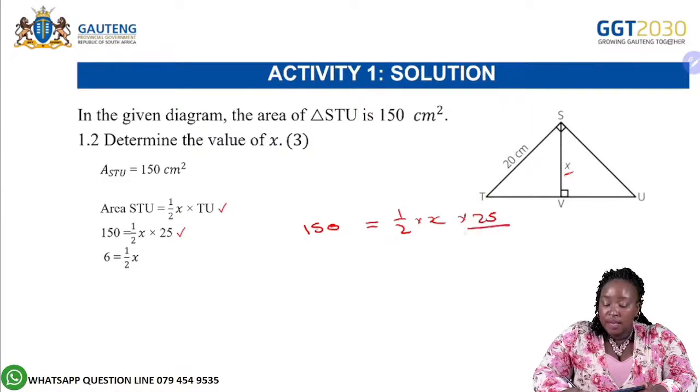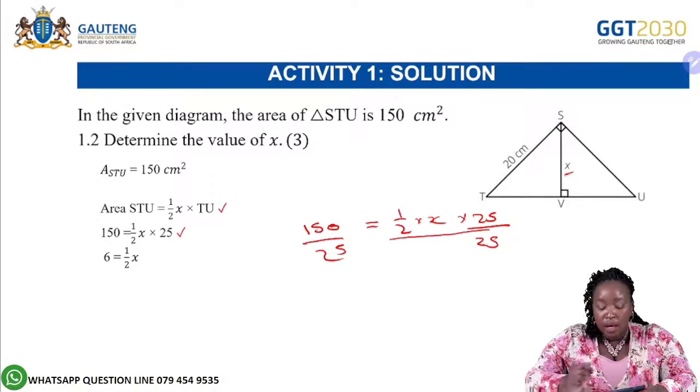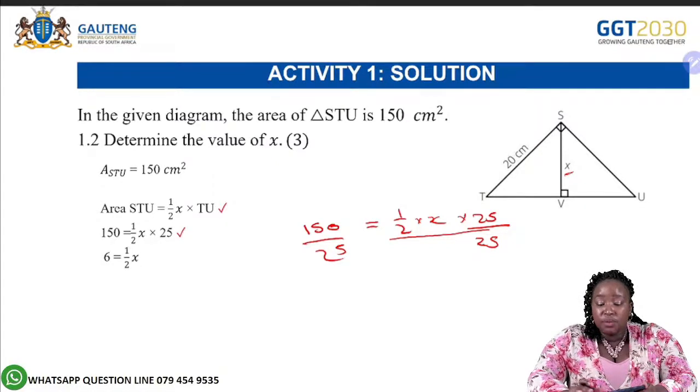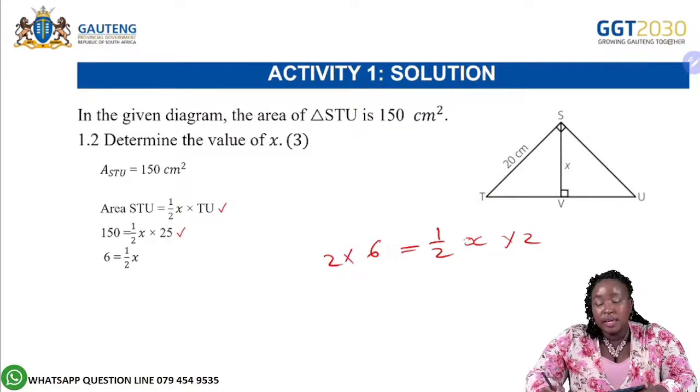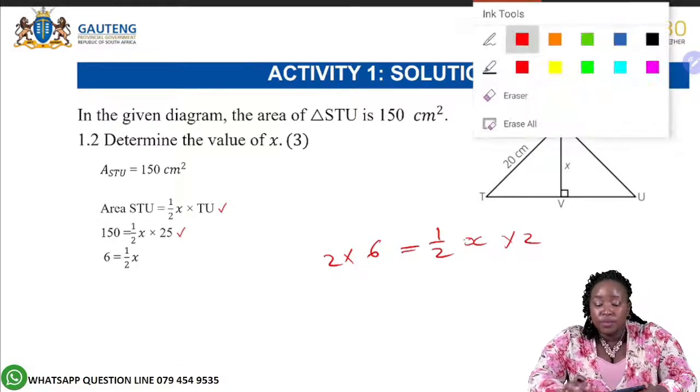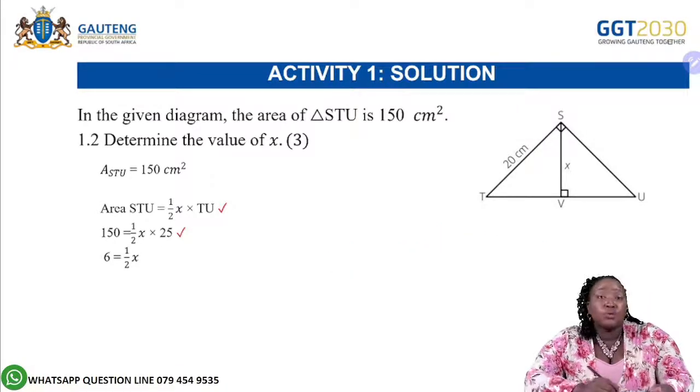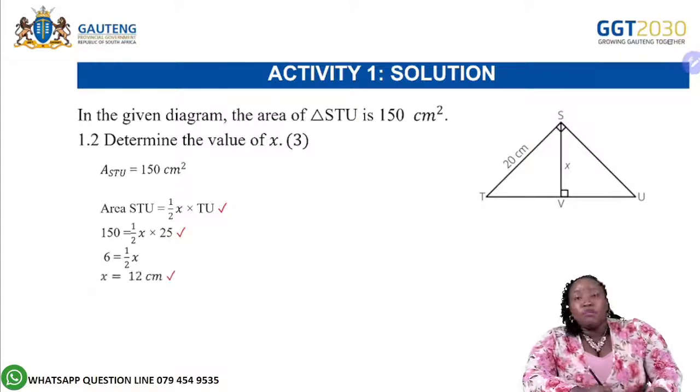So we divide by 25 here, divide by 25 there. Okay, then once you've done that, the next thing will be for you to multiply both sides, because you now have 6 is equal to a half x. So you multiply this side by 2 and also multiply that side by 2. Okay, and what do you get? You now get x to be equal to 12 centimeters.